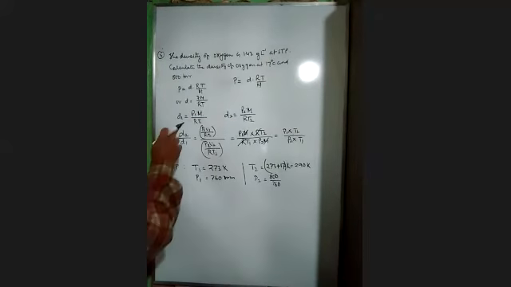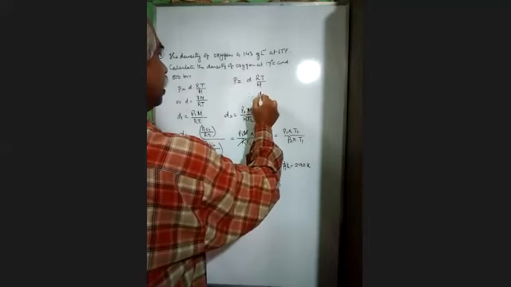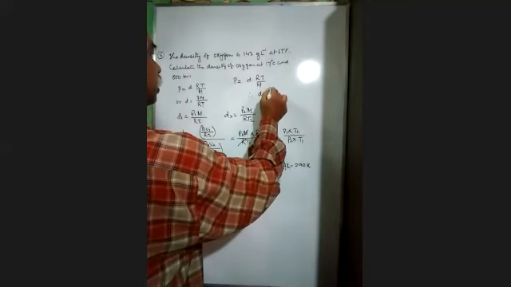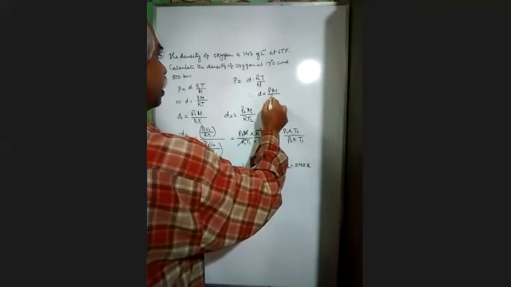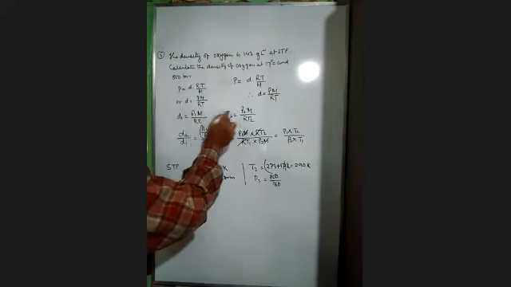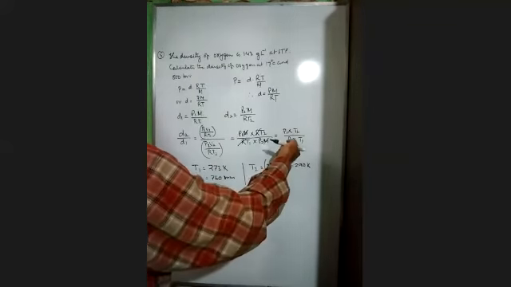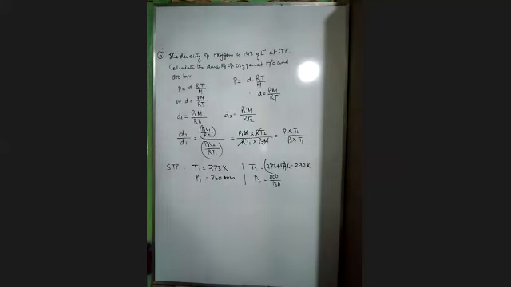So therefore D is equal to cross multiplication, PM by RT. See here, mass for both of them is same. R is also same. So ultimately, what will we get? P1 T2 divided by P2 T1.